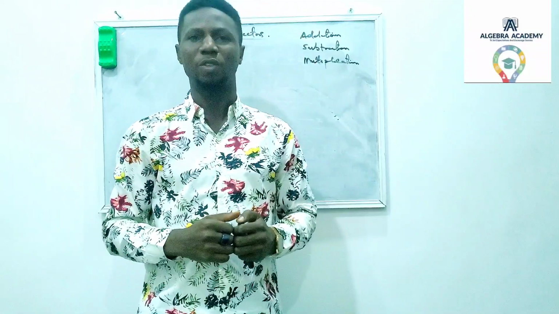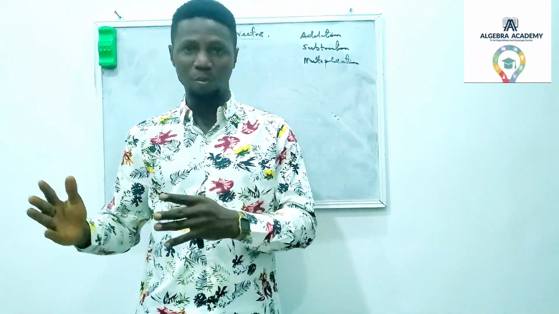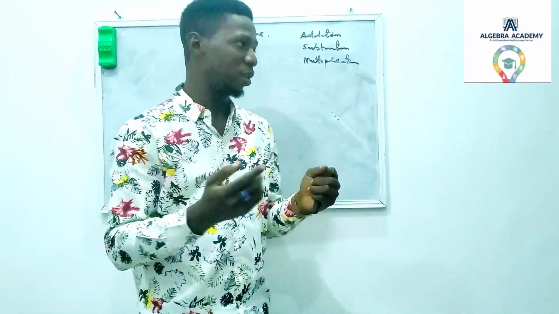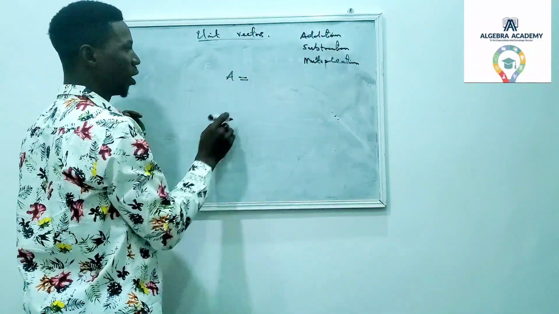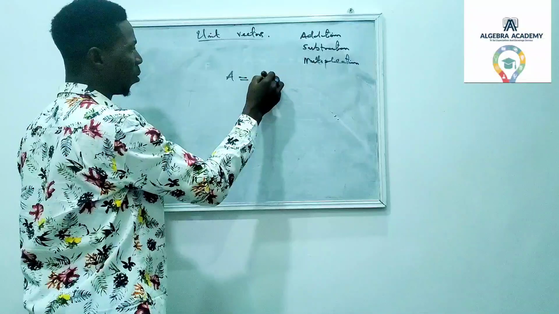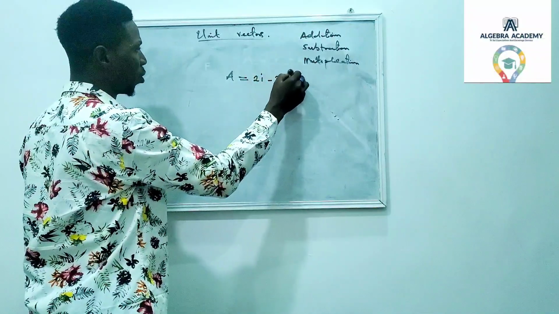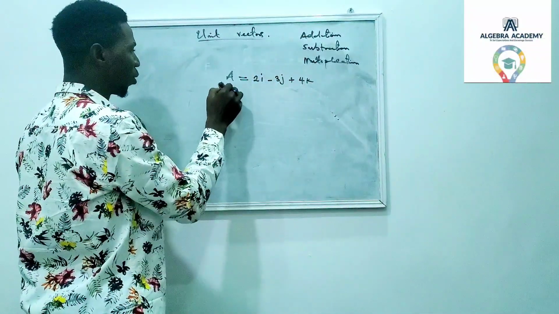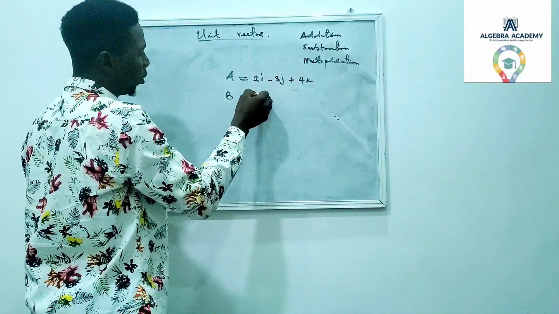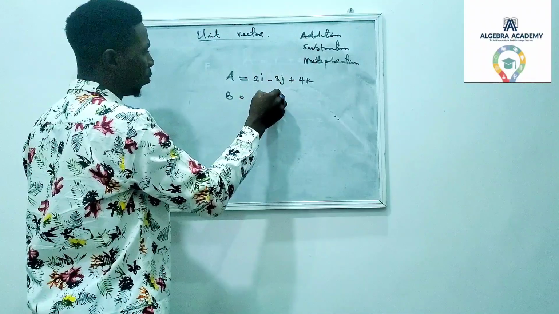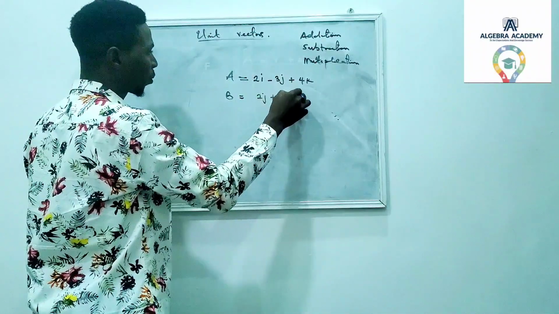Now when you want to add vectors together, you add based on their components. If you have 2 vectors, for instance, vector A has components 2i minus 3j plus 4k, and vector B has components 2j plus 5k.